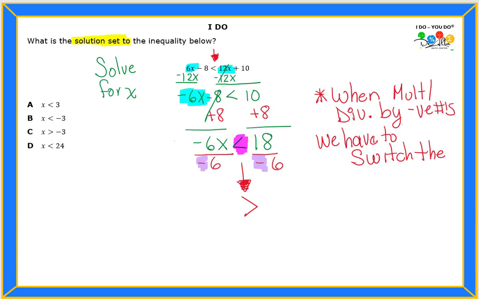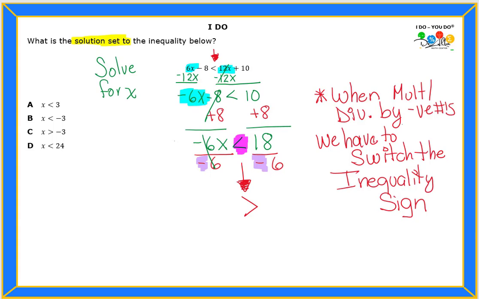And of course, we mean the inequality sign, right? Now, this one is only true for inequalities, okay? Not for equations, okay?